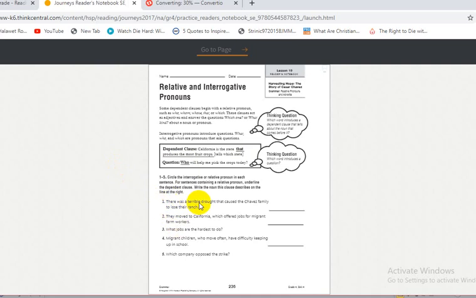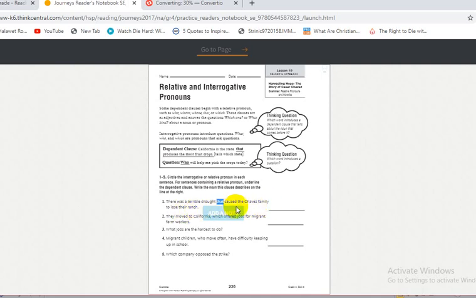There was a terrible drought that caused the Chavez family to lose their ranch. So, what's going to be our relative or interrogative pronoun? That, right? So we're going to circle the word that. And what's the dependent clause? That caused the Chavez family to lose their ranch.